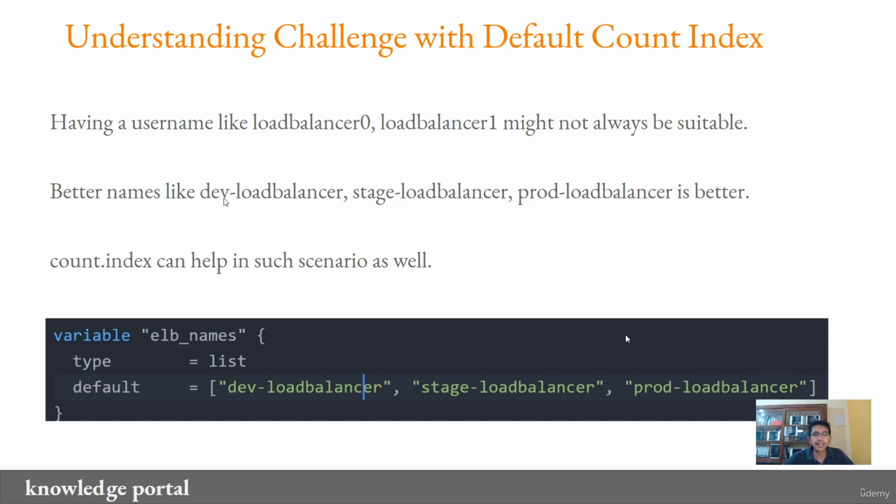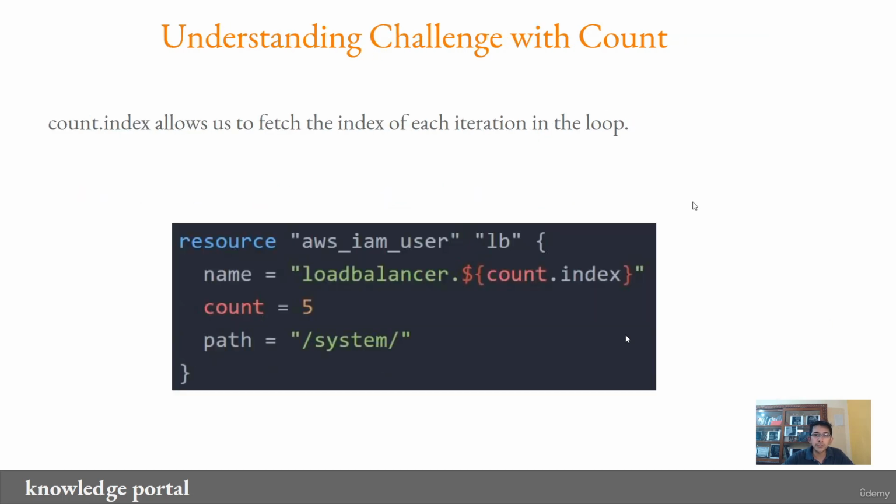So better names like dev-load balancer or stage-load balancer or prod-load balancer are much better. And from the name itself you can identify that the dev-load balancer might be used for the dev environment, prod-load balancer might be used for the production environment and so on. So you need a naming convention similar to this. However, you still need the count.index so that it can quickly iterate through it.